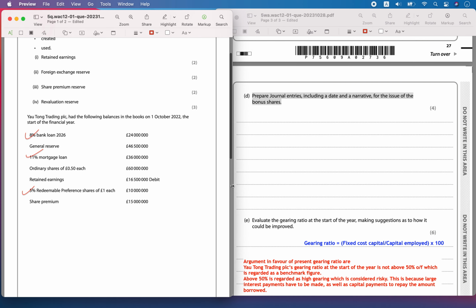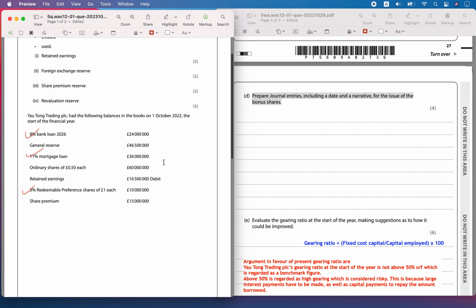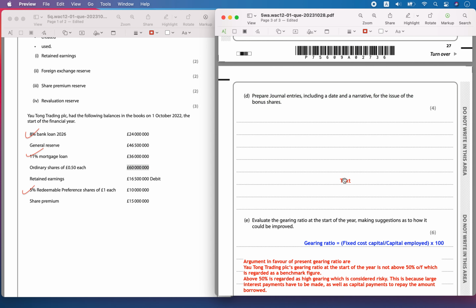Now let's find out how many ordinary shares they have. So now we can see here ordinary shares of 0.5 each. The value is this much, 60 million pounds.